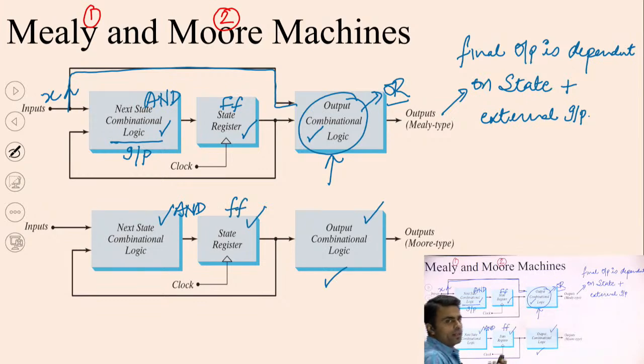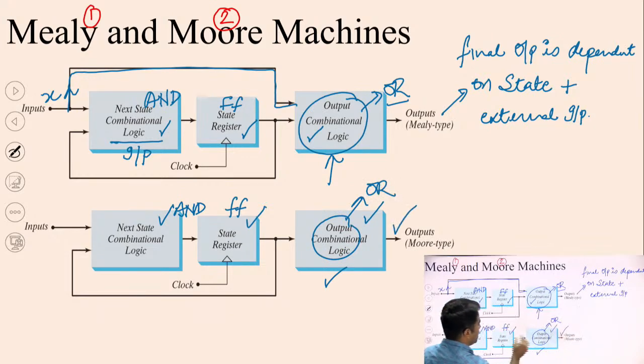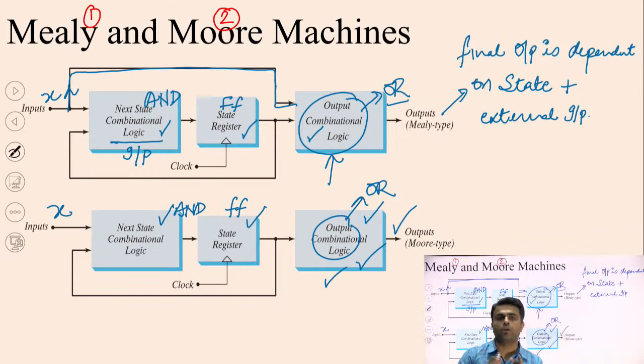One flip-flop might be there, two might be there, any number of flip-flops can be there. Then the output of those flip-flops enters a combination circuit, which in our case was an OR gate. And this final output is independent of the external input X. This X has no role in finding the final output.